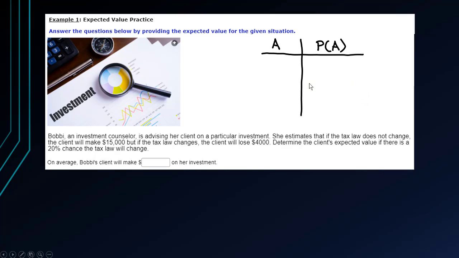So again, I'm going to be looking at a table very similar. Again, this event happening is going to be a number, but it may have some sort of descriptive event that occurs because of it. And basically it's going to be based off of the tax law changing or not. If the tax law does not change, she's going to make $15,000.